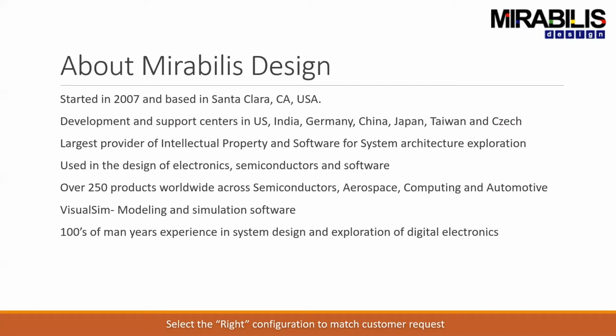We are the largest provider of intellectual property and software for the system architecture exploration market. Over 200 products in semiconductors, processors, networking, multimedia, automotive, defense, and space have been developed by doing architecture analysis and trade-off using our VisualSim modeling and simulation product.